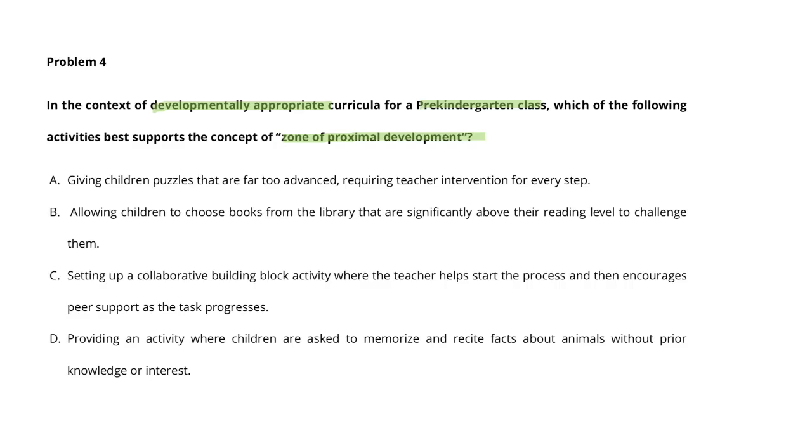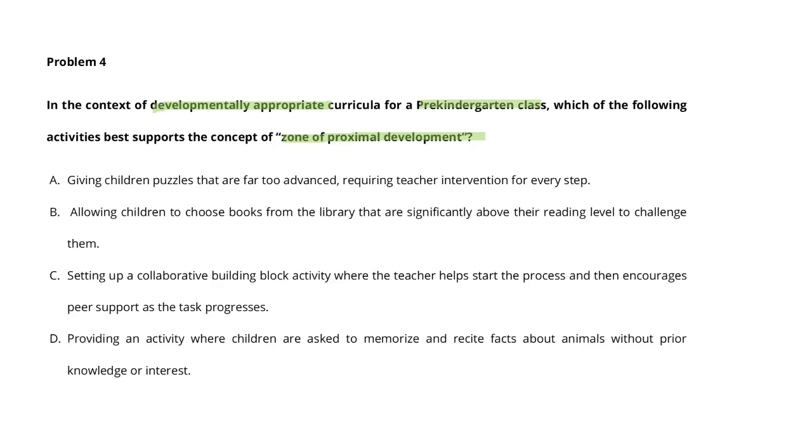B. Allowing children to choose books from the library that are significantly above their reading level to challenge them. Well, because they're in pre-kindergarten and we're wanting to focus on the zone of proximal development, we would not want them choosing books that are way above their reading level, but rather books that they like to enjoy looking at and reading creatively. So therefore, B would not be the best choice either.